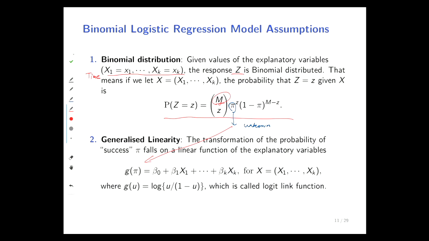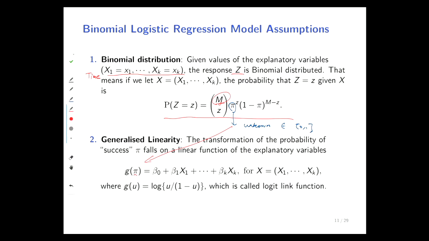And in this case, we need to model pi by using a link function. The reason why we need a link function here is that pi is the probability of success, so it can only take a value between 0 and 1. It's a probability.